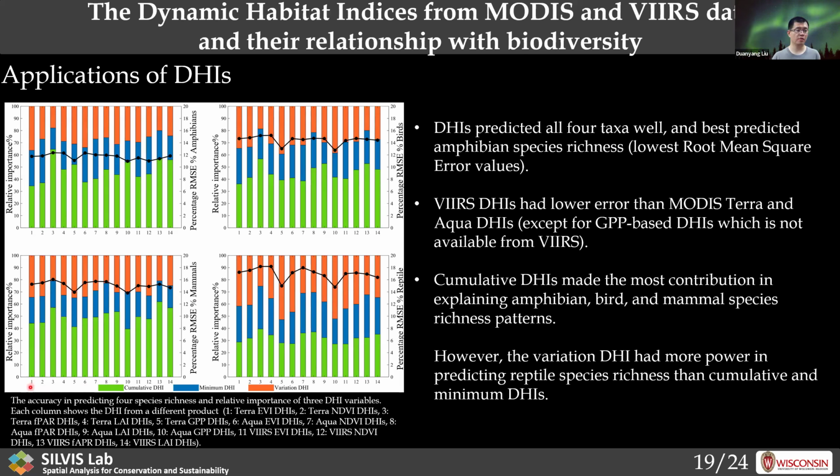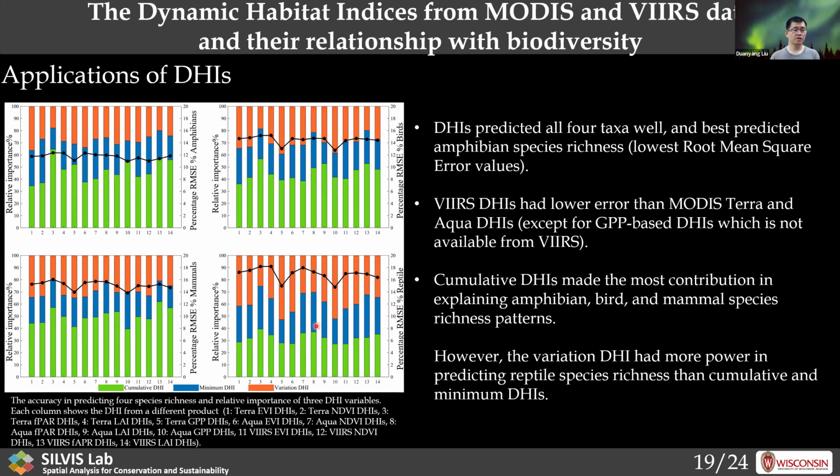For example, number 1 is the Terra EVI DHI, and number 2 is the Terra NDVI DHI, and so on. The different colors of the bars indicate the corresponding contribution of each DHI variable. The black dots and line indicate the prediction accuracy and are relative to the right y-axis.